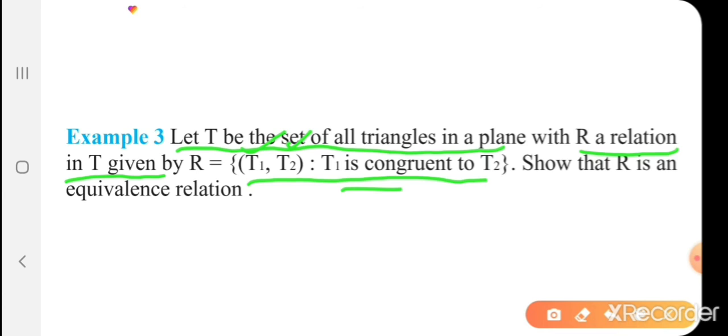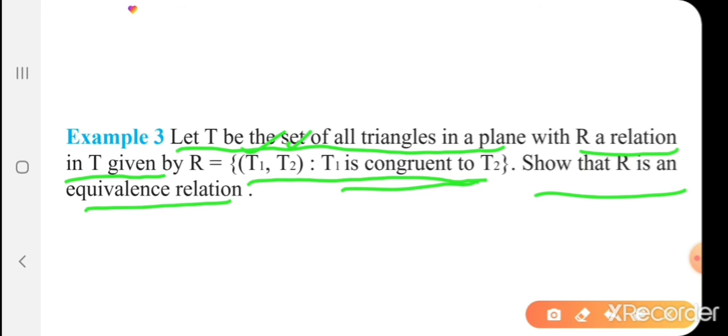What is the meaning of congruence? All sides and all angles are equal in the two triangles, meaning the triangles are the same in all respects. Then you have to show R is an equivalence relation.